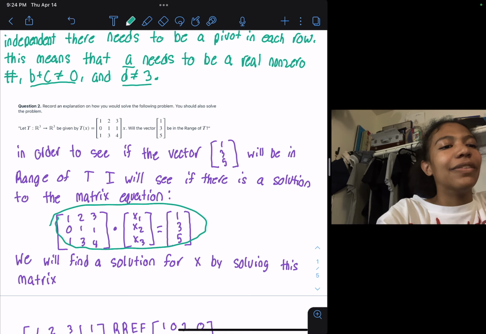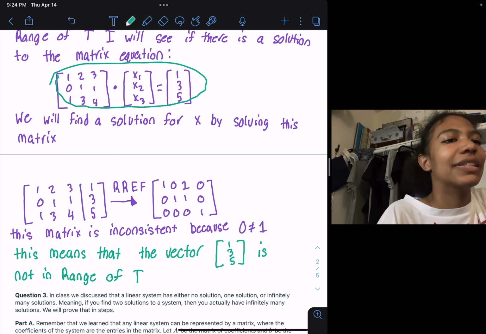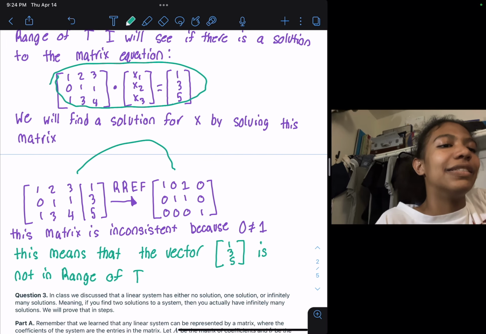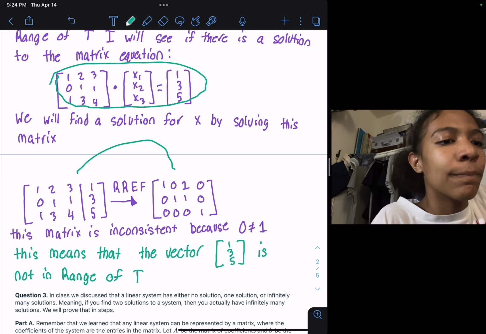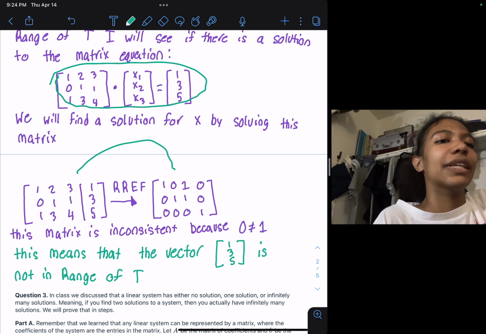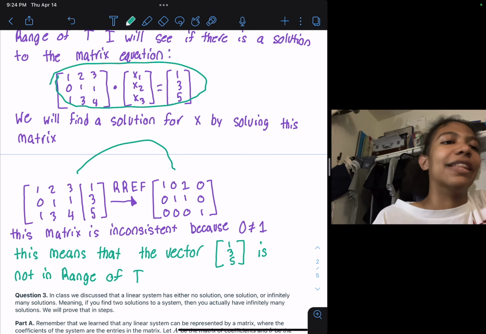And we will find a solution for x by augmenting the matrix and then row reducing it. And since the matrix is not consistent, this means that the vector is not in range of T, because at that bottom row we have 0 equals 1, and that's not true.